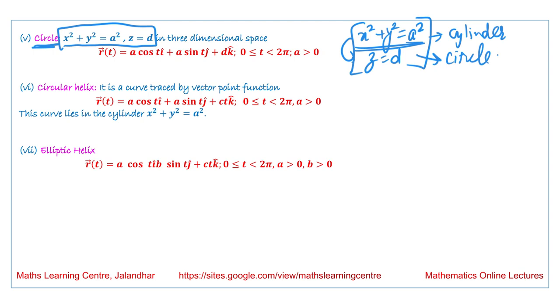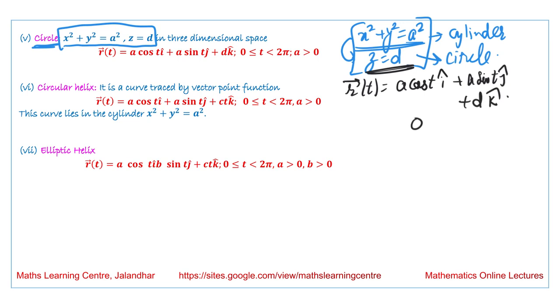Now the parametric equation of the circle in three-dimensional space is given by r vector t equal to a cos t i cap plus a sin t j cap, and the value of z is d, so plus d times k cap, where t varies from 0 to 2 pi and a is greater than 0.